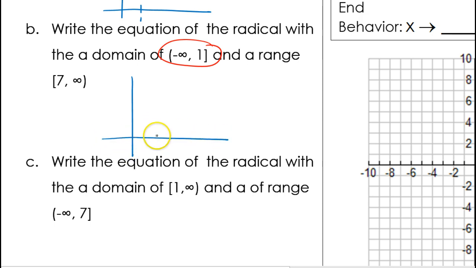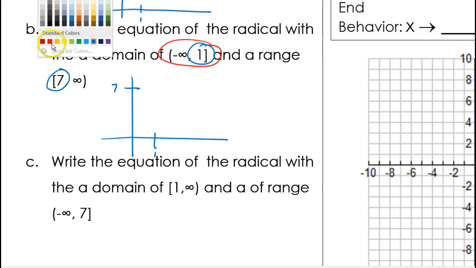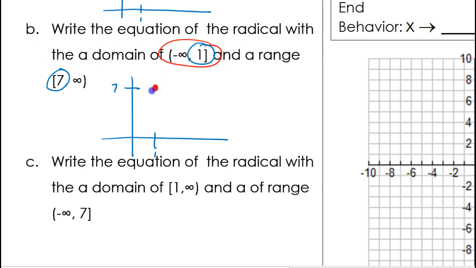Okay, so we still need the graph to be shifted to the right by 1 because of this positive 1, and we still need the graph to be shifted up by 7 because the range involves this positive 7. So we know the endpoint is going to be right here.